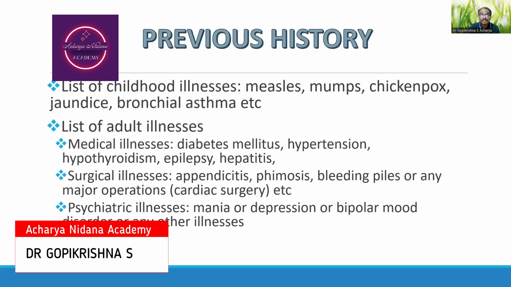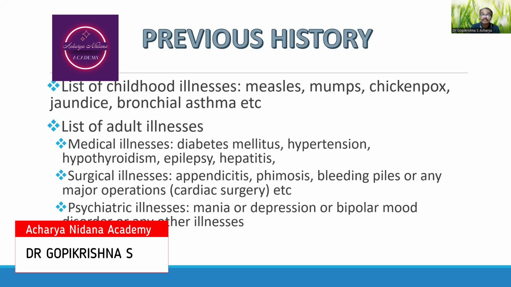As far as previous history is concerned, the following list has to be documented: childhood illnesses, medical illnesses, surgical illnesses, and psychiatric illnesses. Suppose the person is 20 years old, you have to inquire about the illnesses present since his childhood.